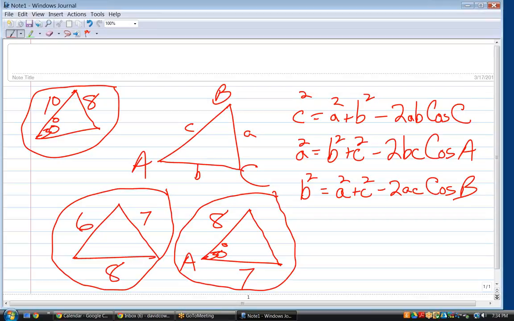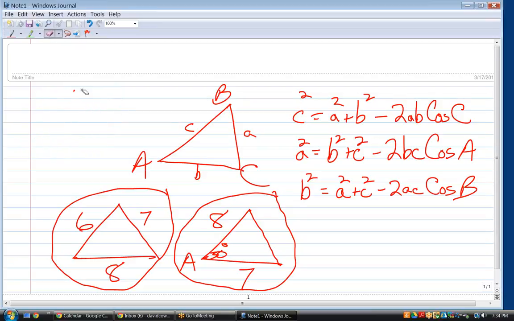But we can use the law of cosines in both of them. And the law of cosines will tell us one of these angles, whichever one we want to start with. Once we solve for one of these angles, then we finish the triangle by using the law of sines.